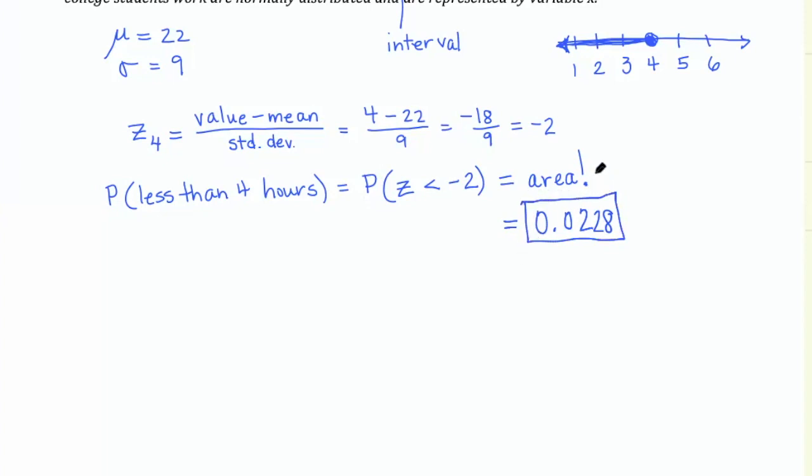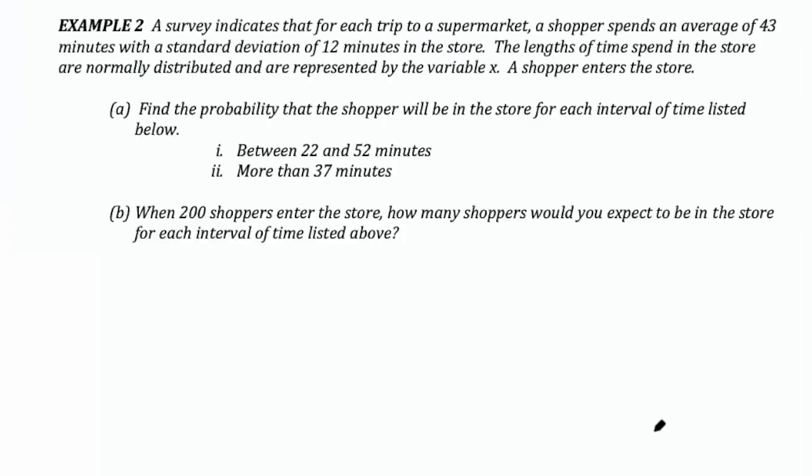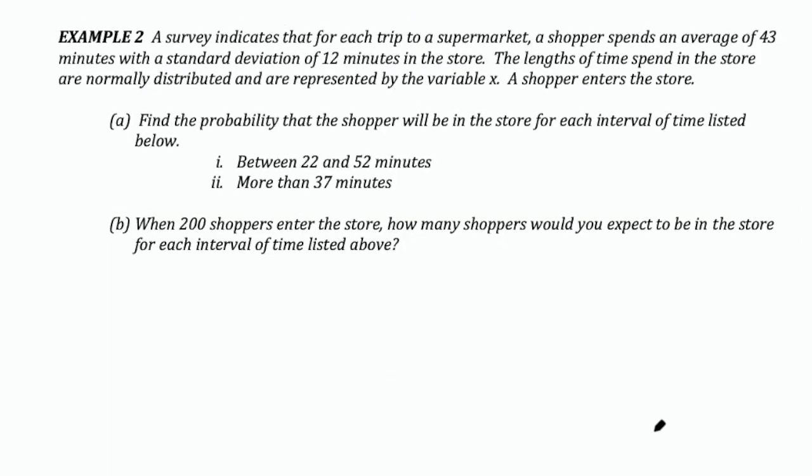So all you need to get used to is the idea that the area corresponds to the probability, and really this isn't too difficult. We're going to do another example to look at slightly different wordings to see how that affects things. So in example 2, we have a survey that indicates that for each trip to a supermarket, a shopper spends an average of 43 minutes with a standard deviation of 12 minutes in the store.